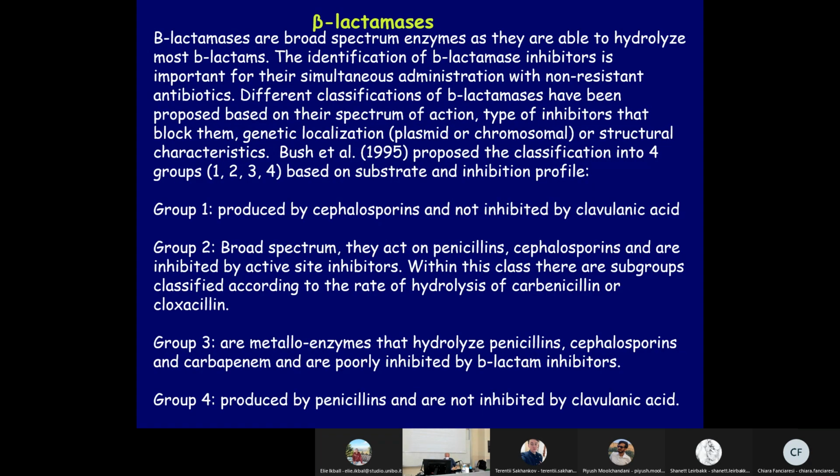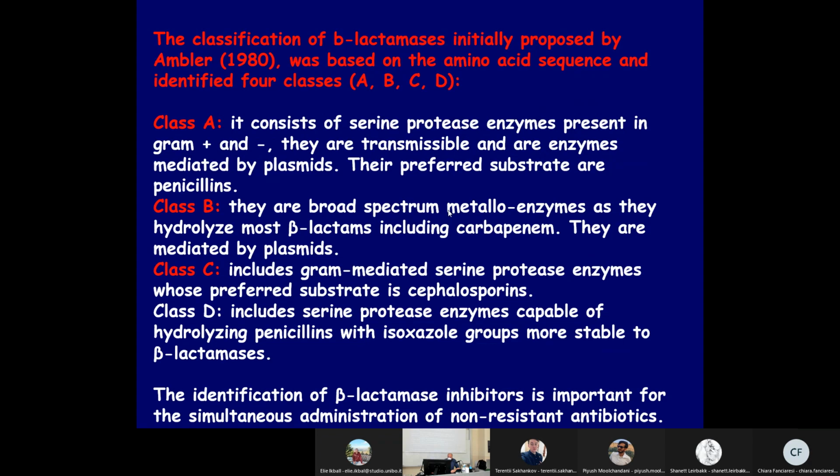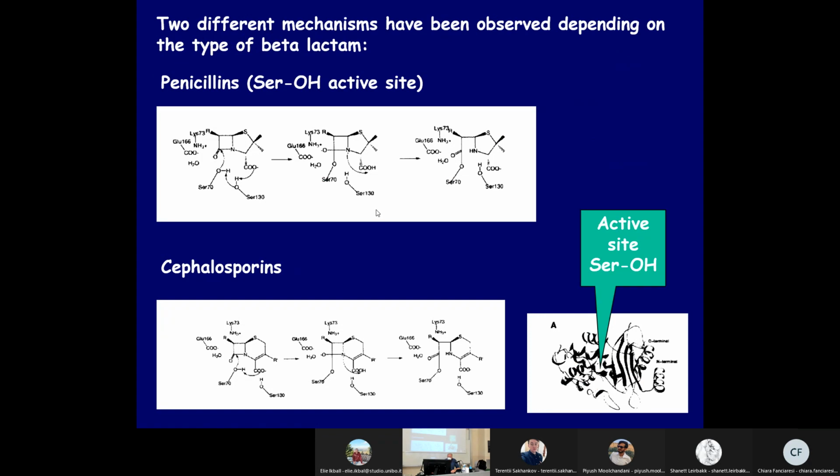Just two words about beta-lactamases. There are different classes of these enzymes, but I want to show you how these enzymes are able to open the beta-lactam ring. These enzymes are characterized by the same active site as transpeptidases, a serine. You see a serine residue, an O- residue.